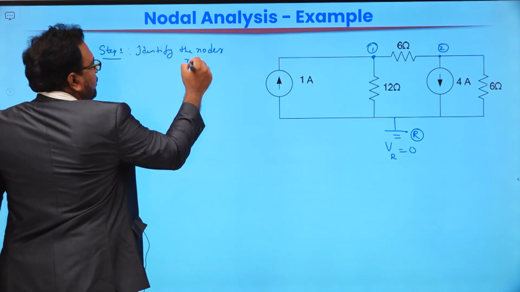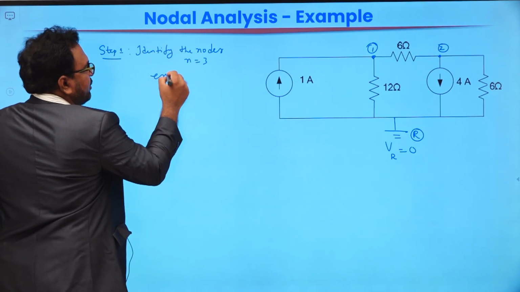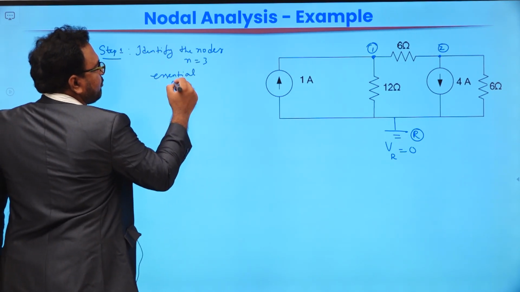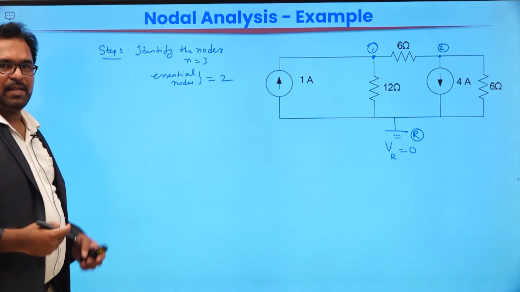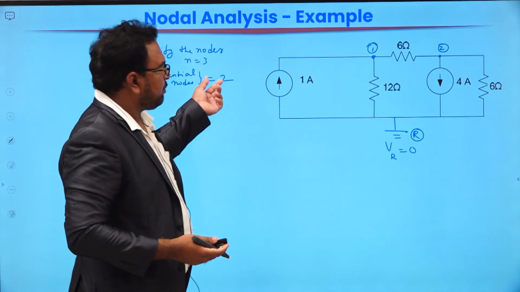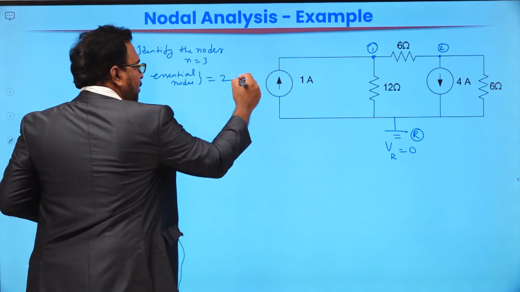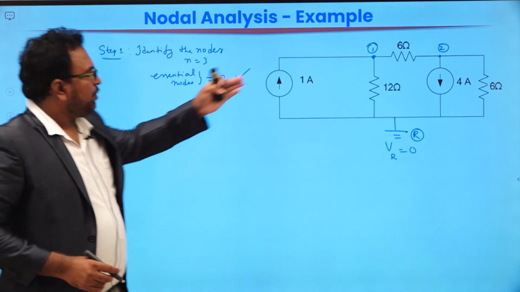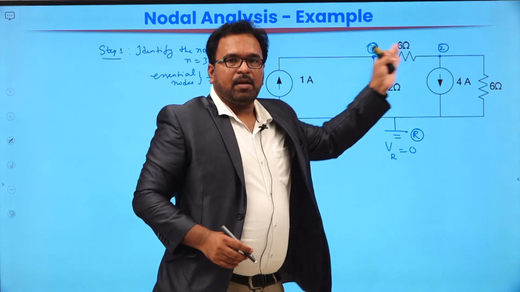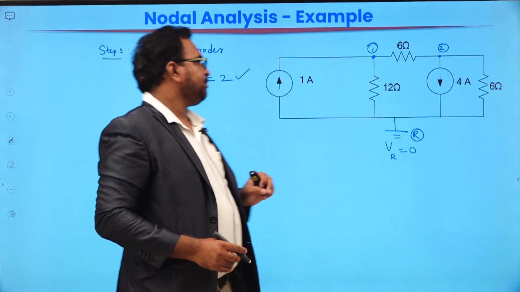So the number of nodes is equal to 3. So essential nodes are going to be 2. So how many equations are you going to get? That is equal to the number of essential nodes, always n minus 1. That means you have to apply KCL at only the essential nodes.